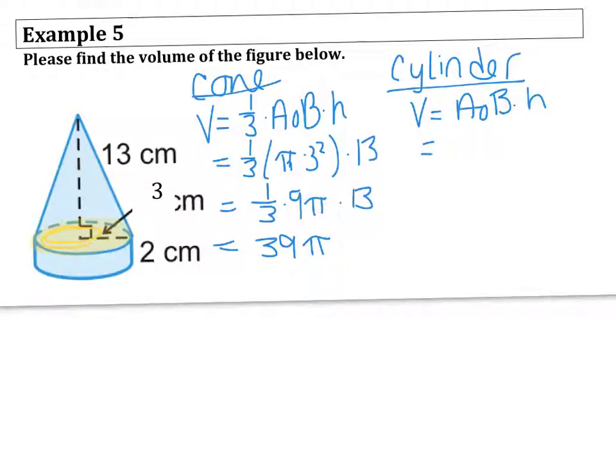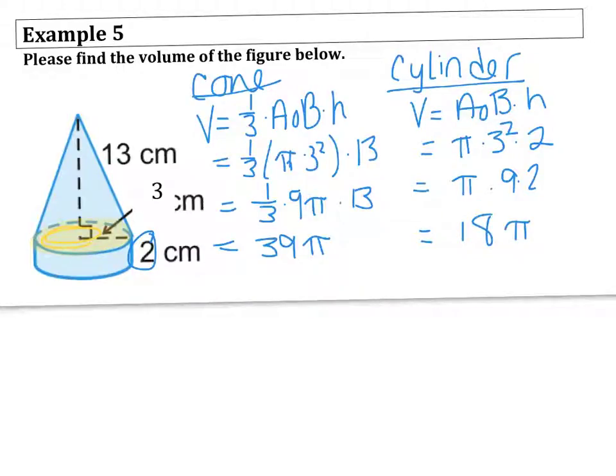So the area of our base would be pi times 3 squared, times the height. Now if you notice on our figure, the height of this little cylinder was only 2. So this would end up being pi times 9 times 2, which is 18 pi.